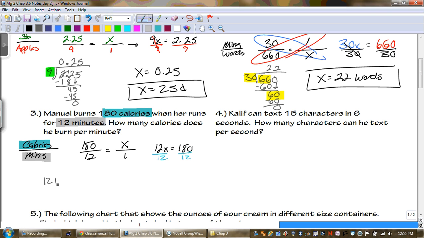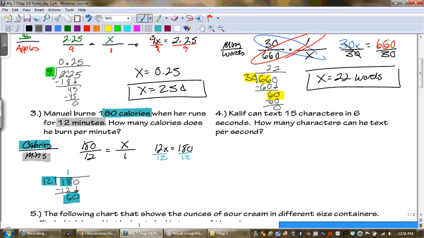And then you're doing 180 divided by 12. Okay, so this one is on your multiplication chart, but let's do it anyways. How many times does 12 go into 18? It goes in once. You get 12 and you subtract and you bring it down. How many times does 12 go into 60?